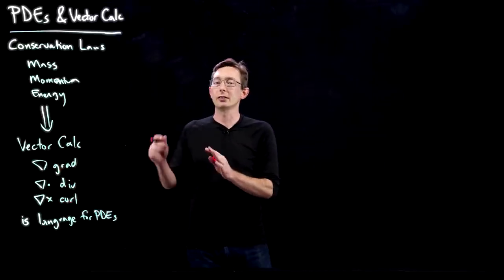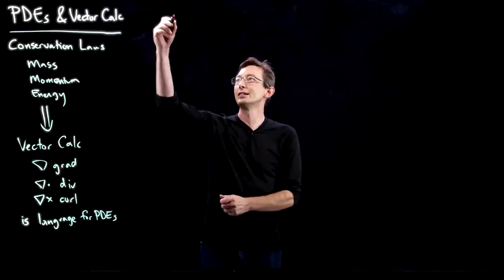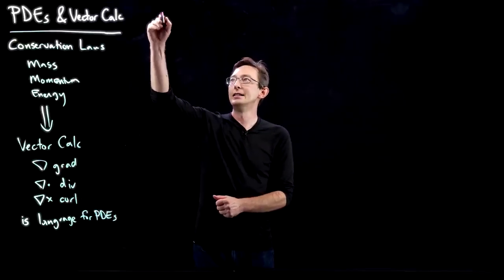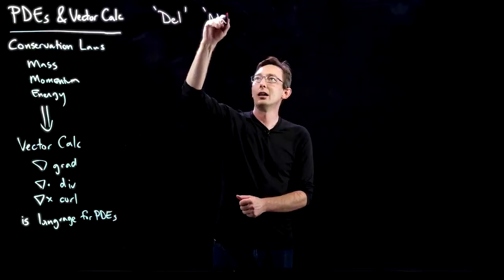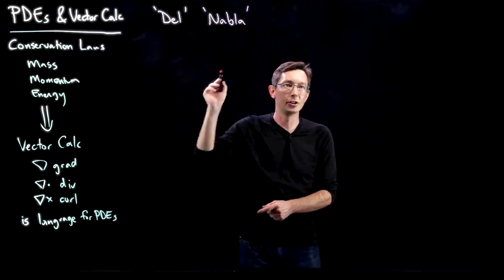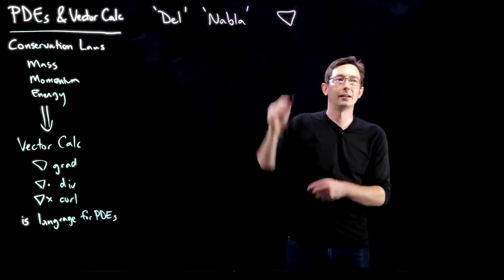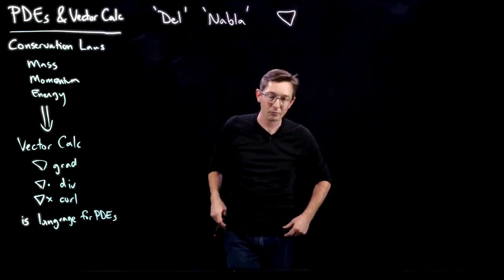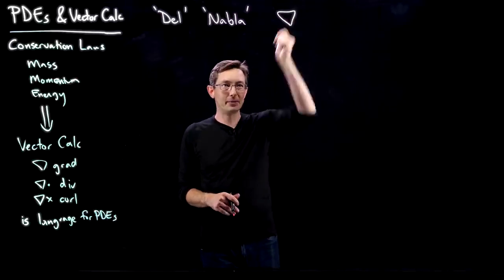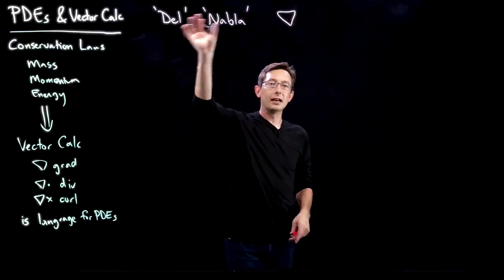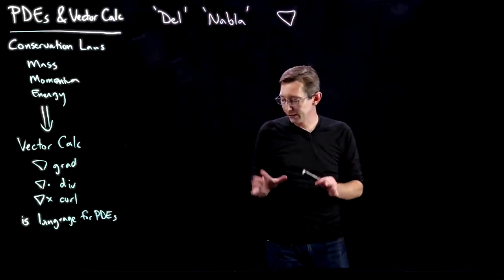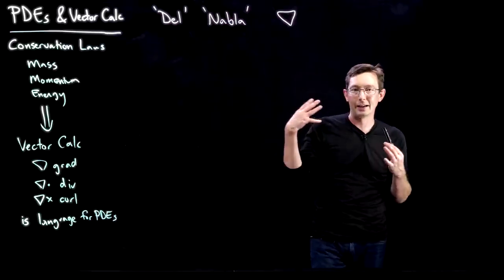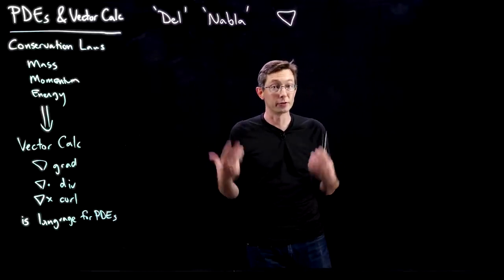In particular, this all starts with the del or nabla operator. It depends on how old-fashioned you want to get. This Greek delta symbol, an upside down delta. So del or nabla, and this is literally defined as a vector of partial derivatives.